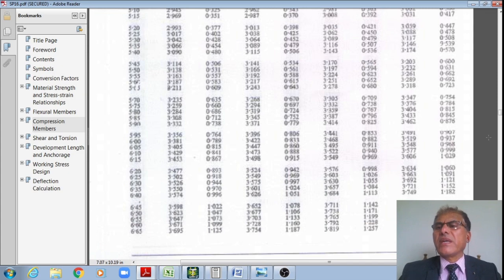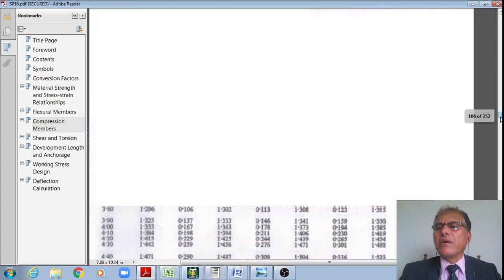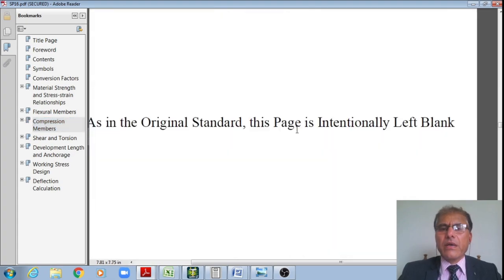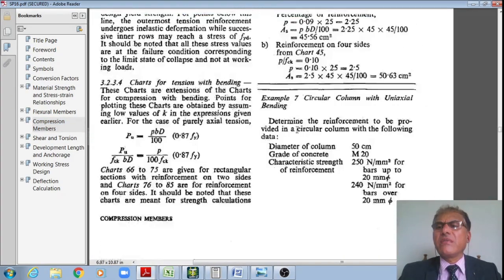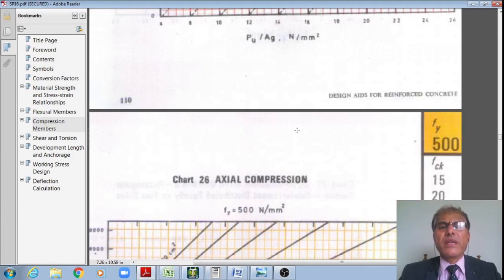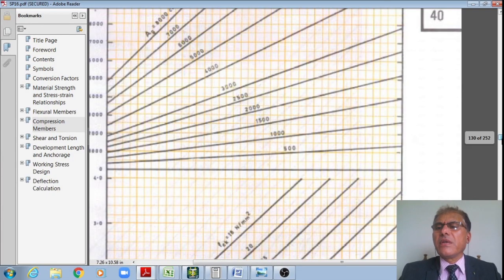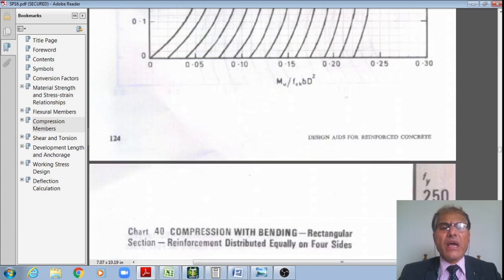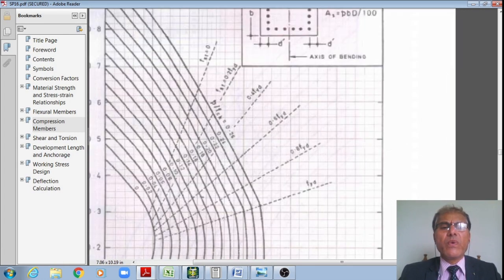Chart number 48, the compression member design chart. There I'll interpolate for this Pu by fck bD. I'm assuming that the reinforcement is provided equally on four sides.